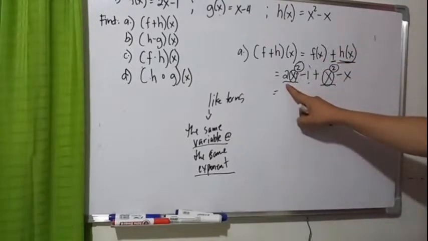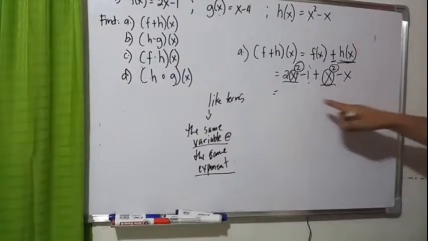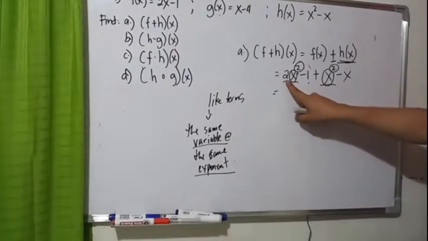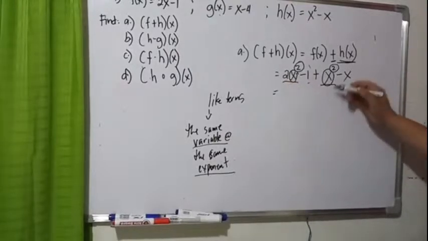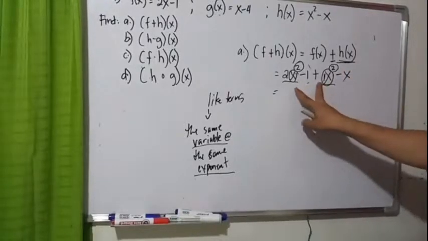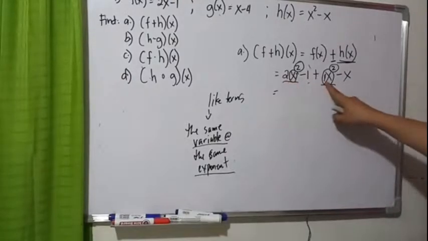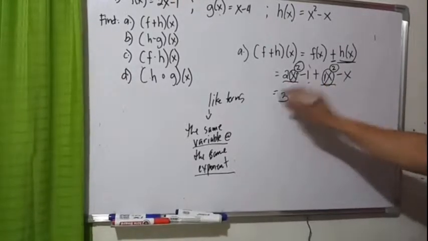I-add muna natin yung numerical coefficient, makita mo yan before ang variable. Ito, 2. So sa x squared, merong 1 dito. So 2 plus 1, that is 3.